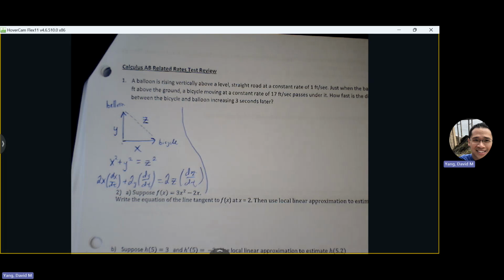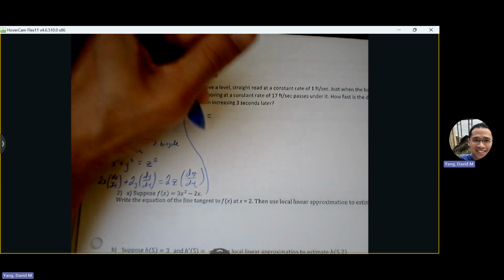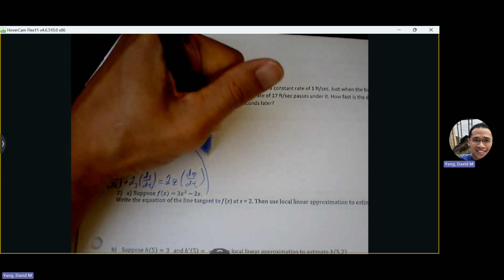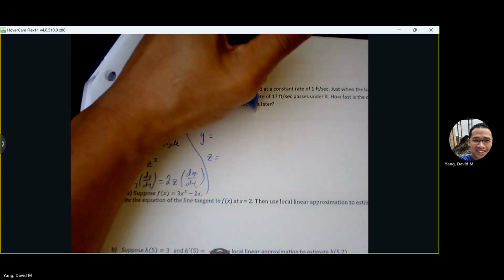Okay, so let's see if we can list out all the variables. There's 6 variables that we have to account for. So x equals, y equals, and z equals.